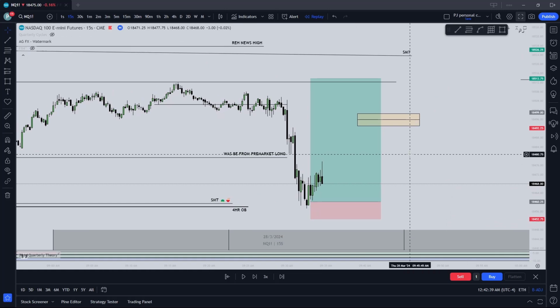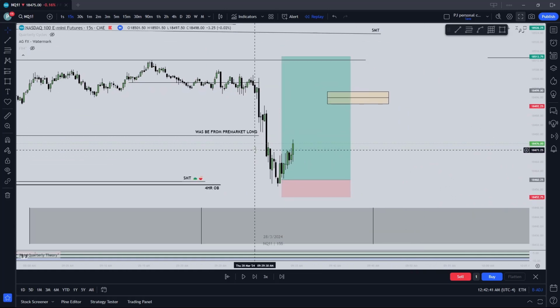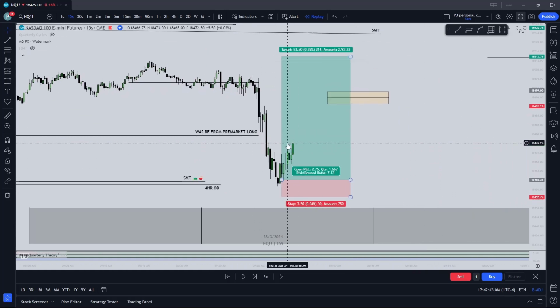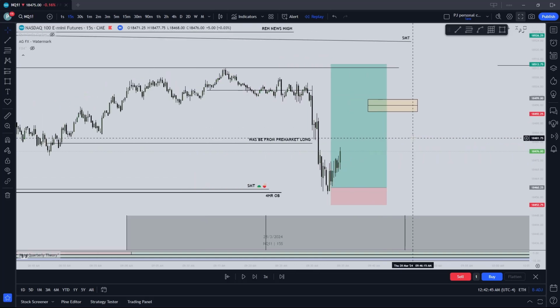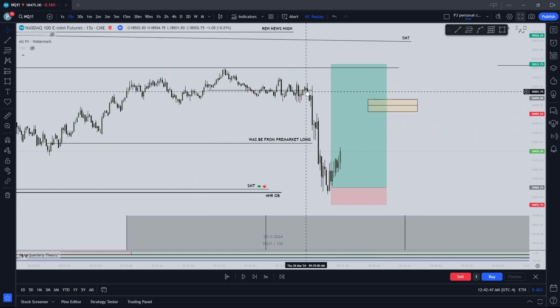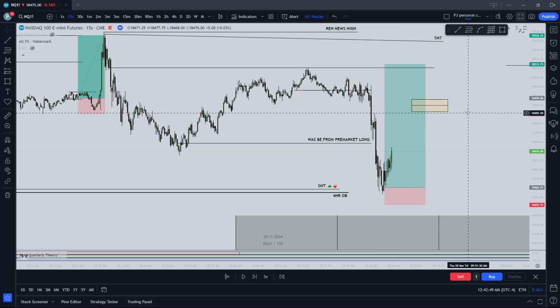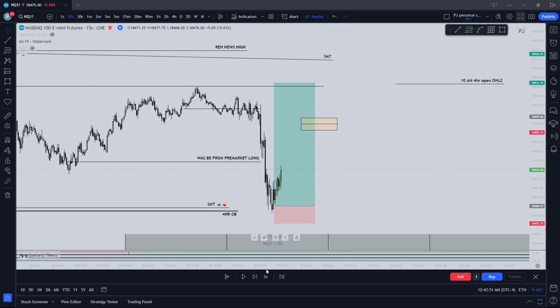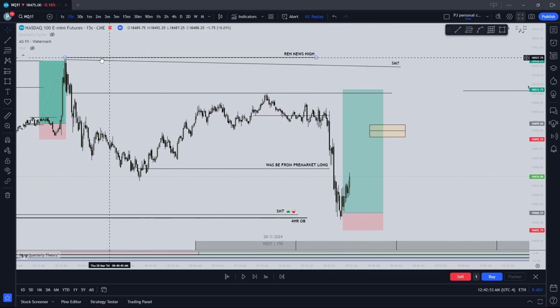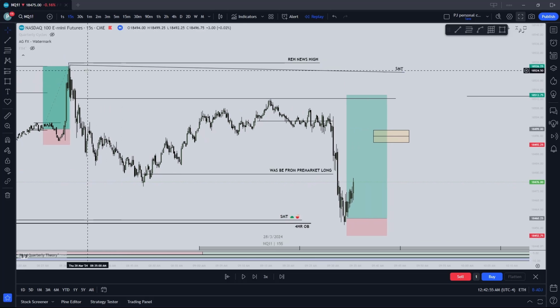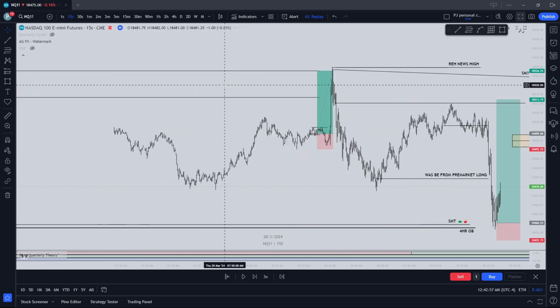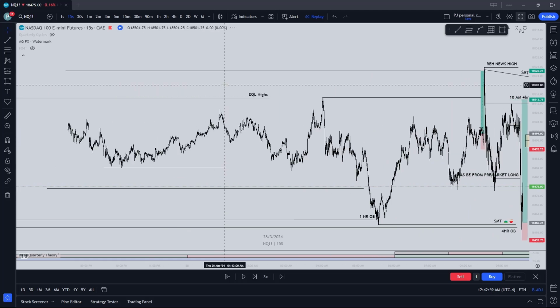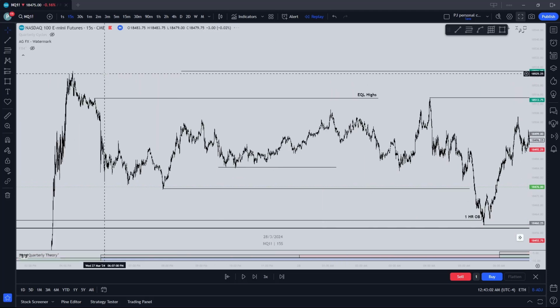So after this, right, we see our low time frame market maker model. See our first full breaker, accumulation, manipulation into our distribution, all the way through with our news high resting above, and it's not a super high resistance high, we still closed within our range here.